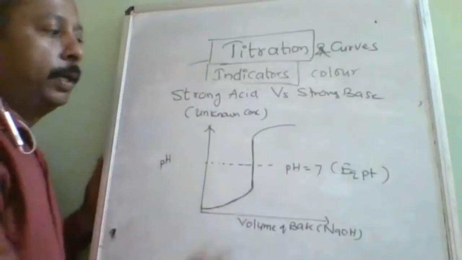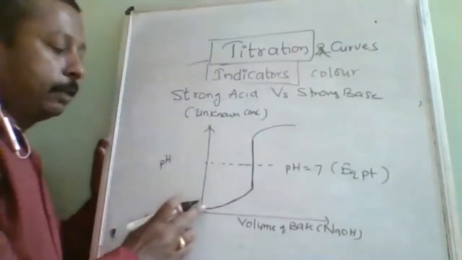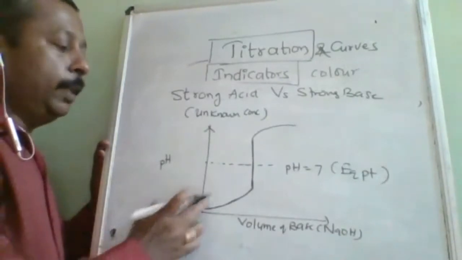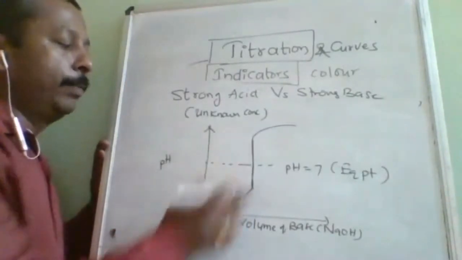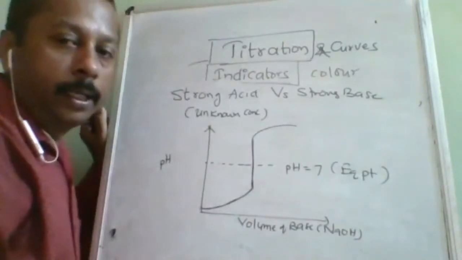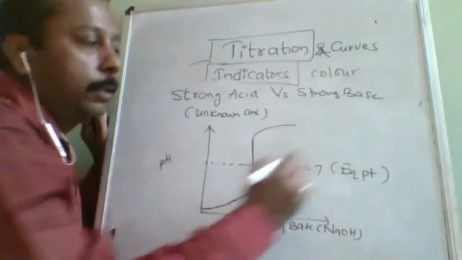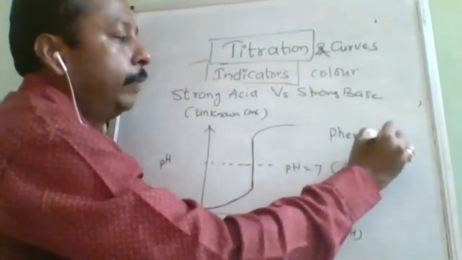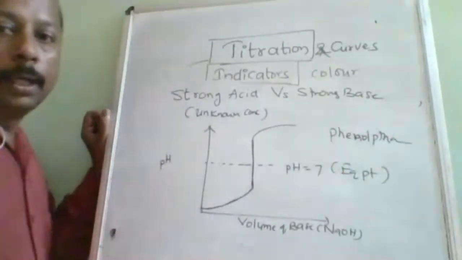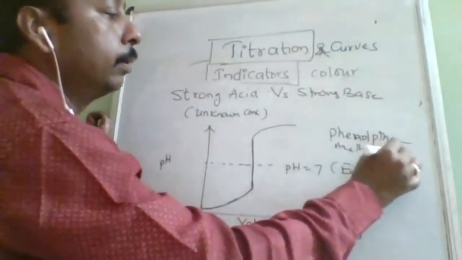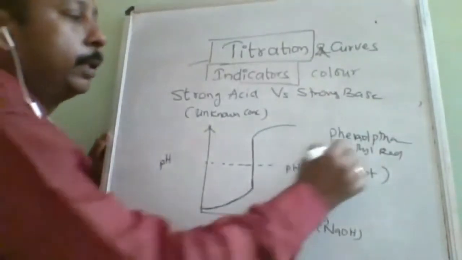The equivalence point is at 7 and the curve starts from below, nearby 1 or 2, because of the strong acid, and the sharp straight line will be long enough because both are strong. The indicators suitable for it are phenolphthalein, methyl red, and third, methyl orange.